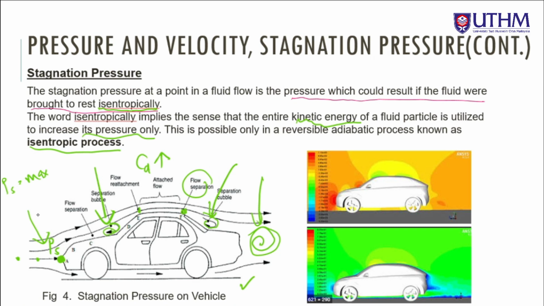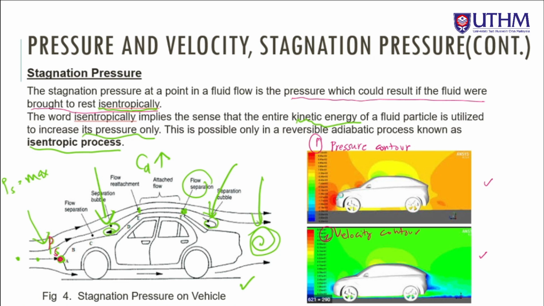Actually for this part, I want to focus on the stagnation pressure here. The pictures on the right are examples you can refer to. If I'm not mistaken, this one is a pressure contour, and the second one is a velocity contour. A contour is the picture with the coloured surroundings behind it. If we refer to the first figure, we have the vehicle moving, and this pressure occurs due to the flow impact on the vehicle.